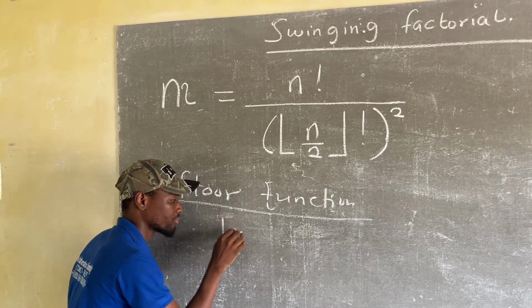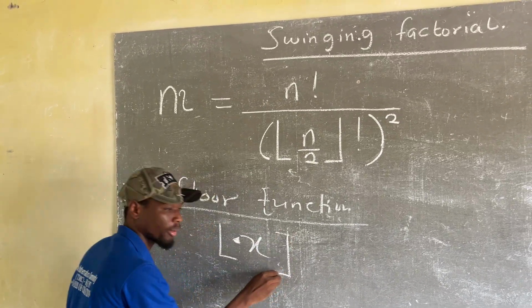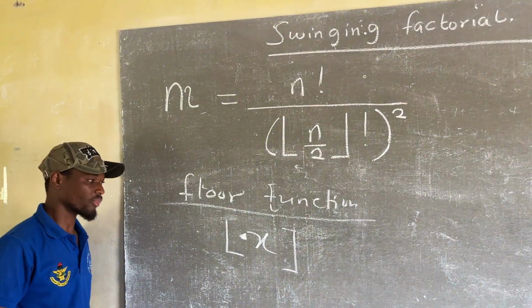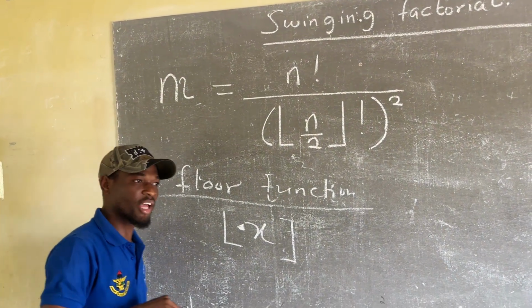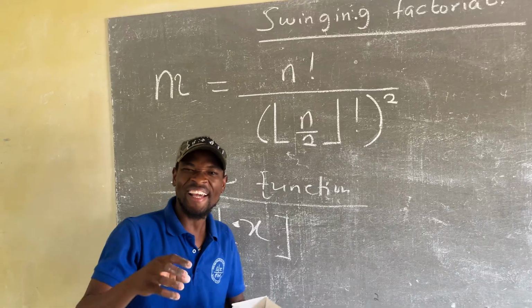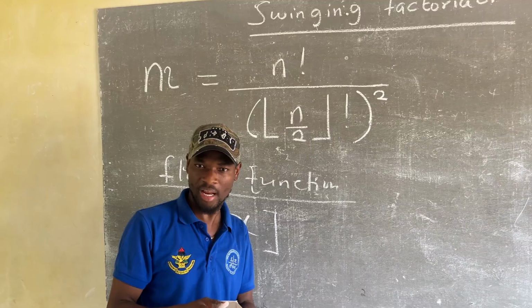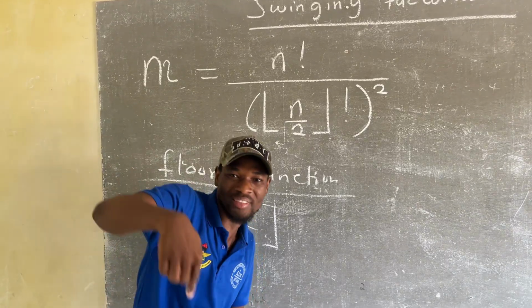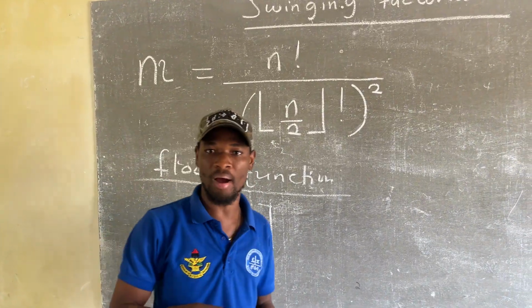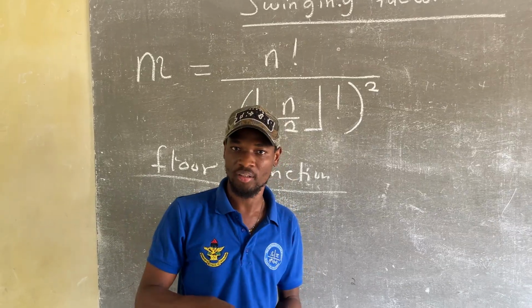What the floor function simply does is, it takes any real number, then it rounds it down and picks the whole number, or the integer.